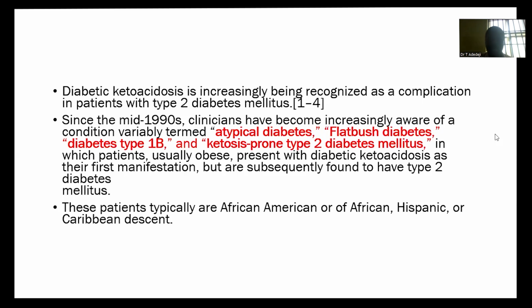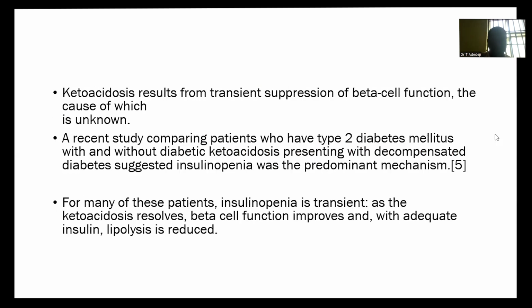These patients typically are of African American or African Hispanic origin or of Caribbean descent. Ketoacidosis results from transient suppression of beta cell function, though the exact cause is not specified, but there are theories and postulations.